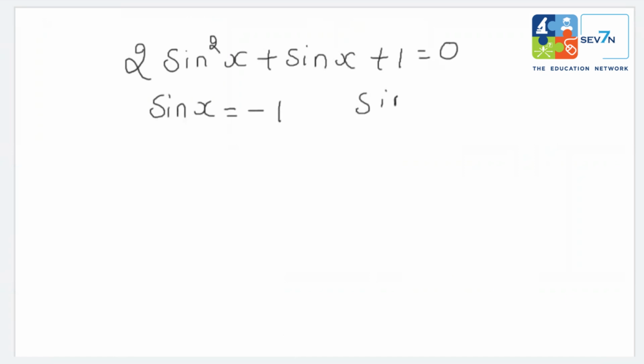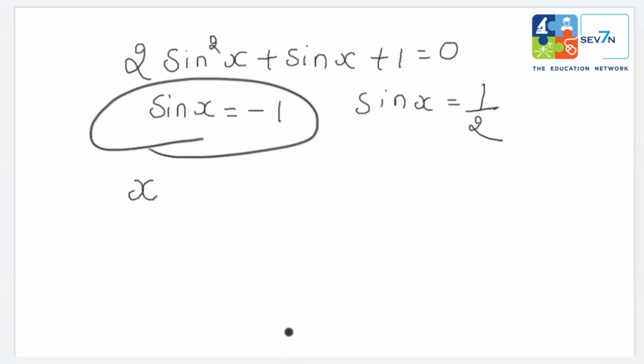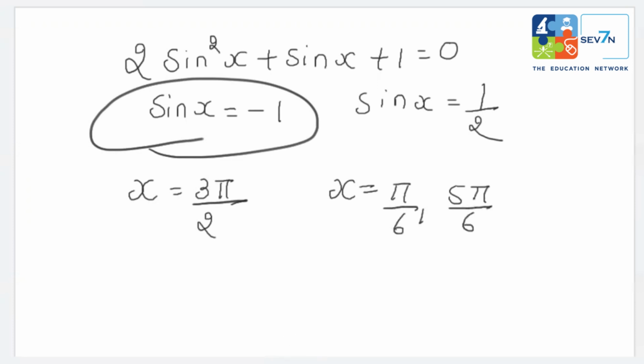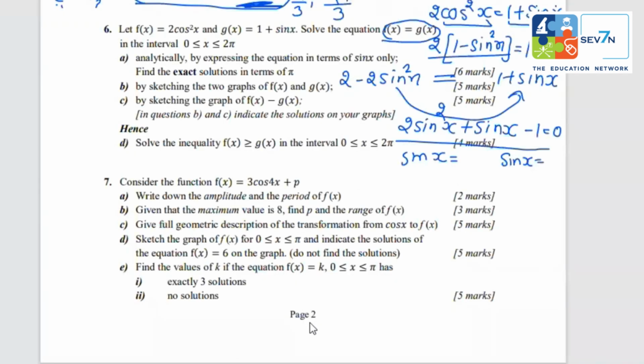And the another value is half, right? Yes. Okay. So if sin x is minus 1, so x will be 3 pi by 2. Yes, it'll be 3 pi by 2. And in this case, your x will be either pi by 6 or 5 pi by 6, right? Yes, or 5 pi by 6. Clear now? Yes. So these are your solutions.